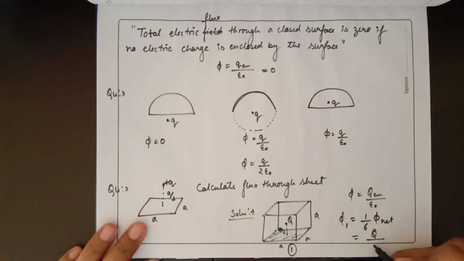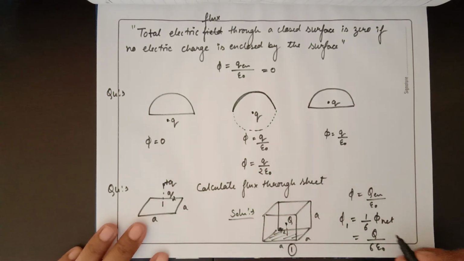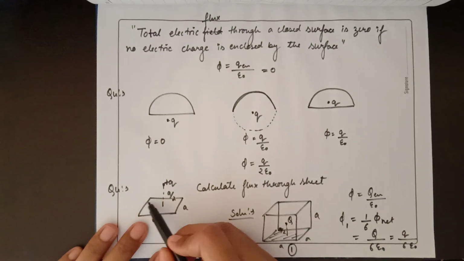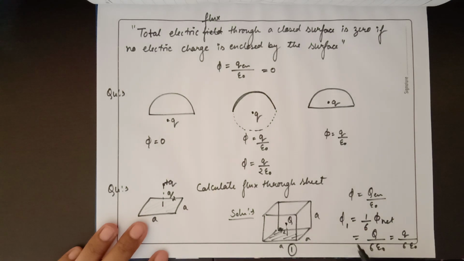This will give us q upon 6 epsilon naught. So for this surface, the value of phi will be q upon 6 epsilon naught.